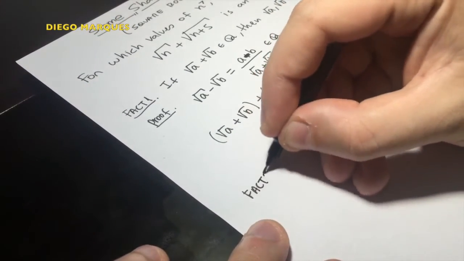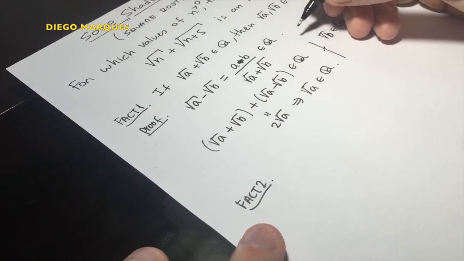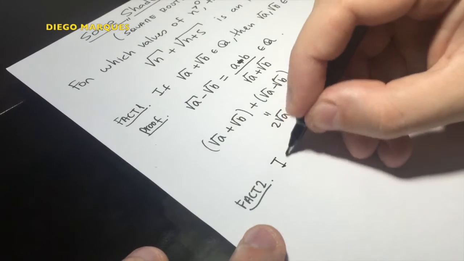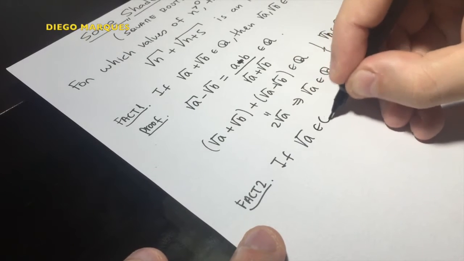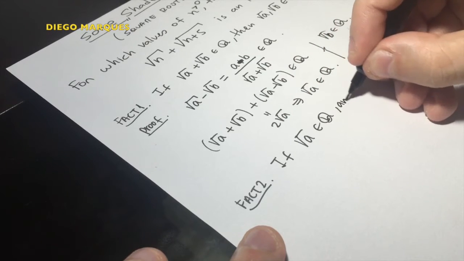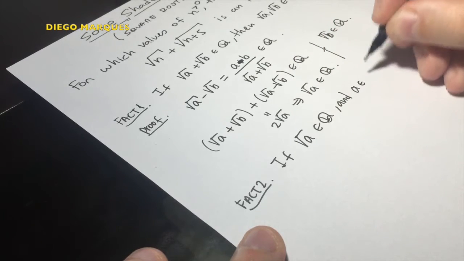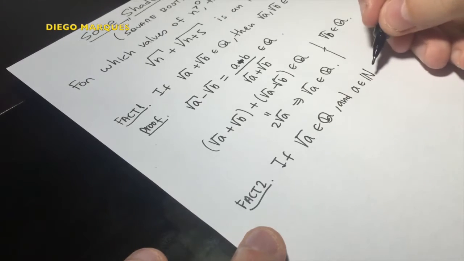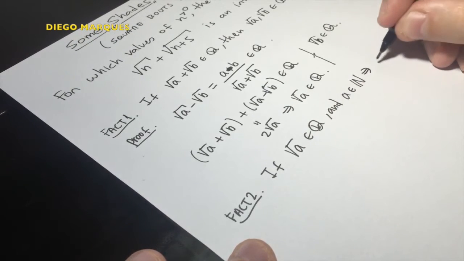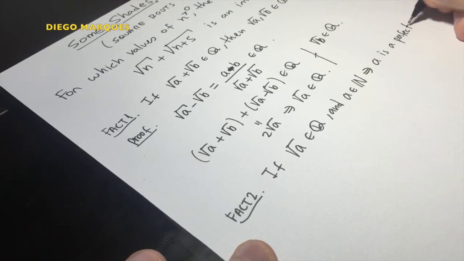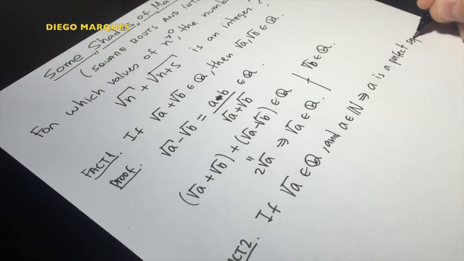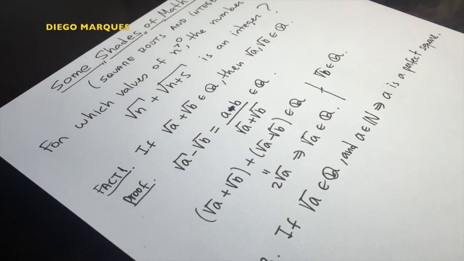The fact number two is, if square root of a is a rational number and a is a positive integer, a natural number, this implies that a must be a perfect square. Okay, so a is a perfect square.